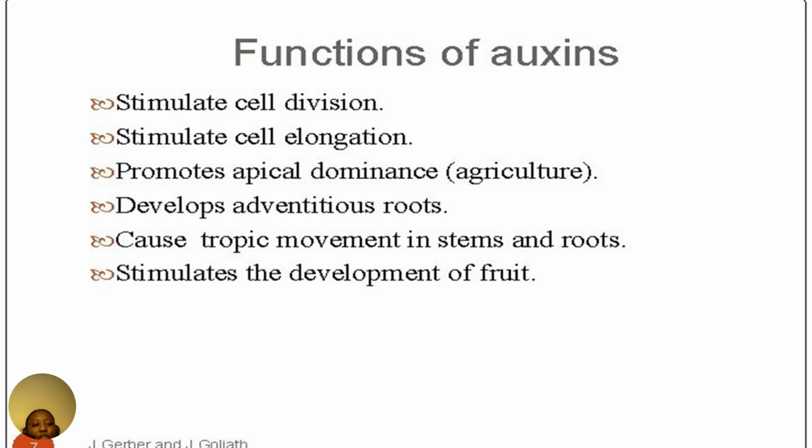They cause tropic movement in stems and roots. When you were looking at that picture of the sunflower moving towards the light, that is a tropic movement. And they stimulate the development of fruit. So whenever you see a tree with lemons or peaches, just know that auxins are the hormone responsible for bringing about the development of fruits.